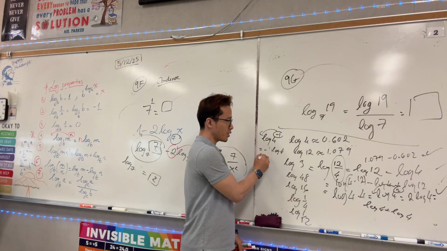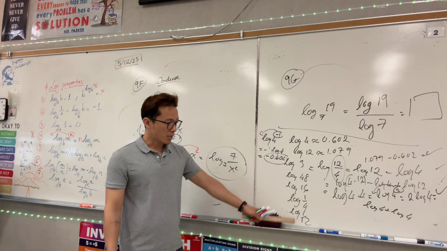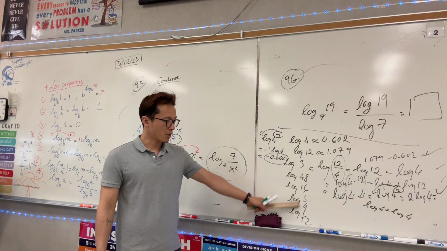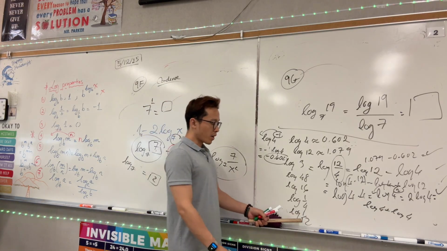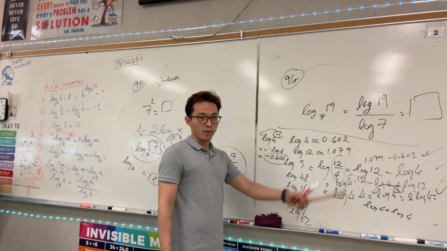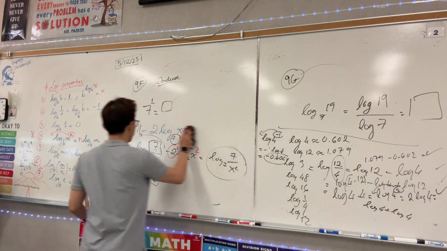So this is just equal to negative 0.602. So when you see 1 over 4, something about negative, for sure it's going to be there. Make sure you know how to do it. 1 over 12, same thing. Right? 1 over 12, just negative 1.079. Yeah? Let's do the last one.